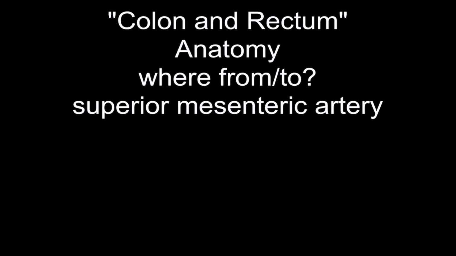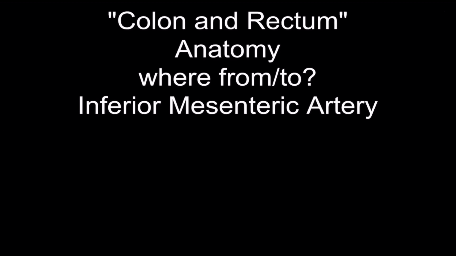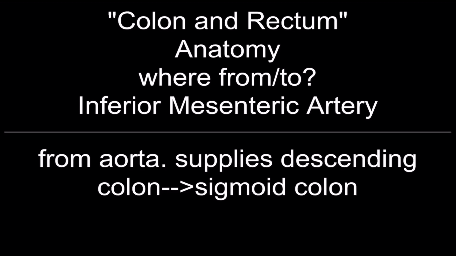The superior mesenteric artery, where does it come from and what does it supply? It comes from the aorta, supplies the terminal ileum to the transverse colon, and penetrating branches supply small bowel. Inferior mesenteric artery, where does it come from and what does it supply? Comes from the aorta, supplies the descending colon to the sigmoid colon.